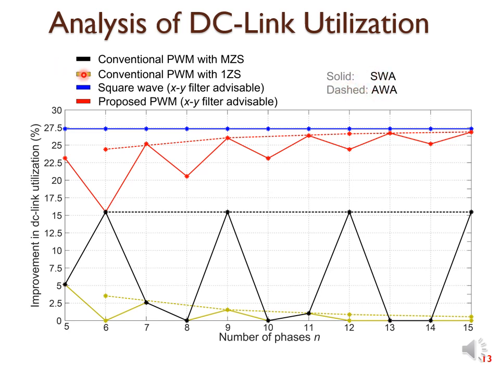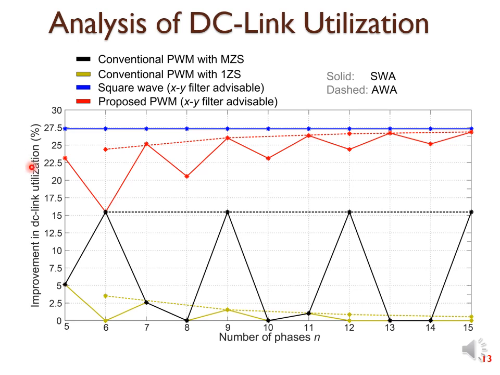Yellow denotes the conventional PWM method with a single zero sequence injection, which is also known as min-max method. Black denotes the conventional PWM method with multiple zero sequences, one per each 3-phase winding set, assuming the neutral points are isolated. Blue is square wave voltage, and red is the proposed carrier-based PWM with XY harmonics injection.